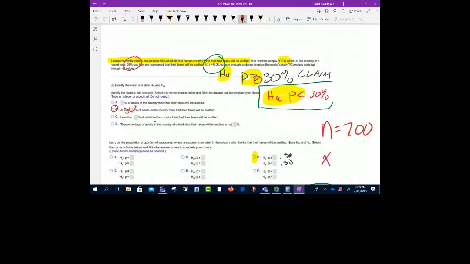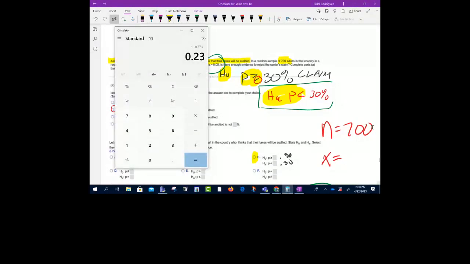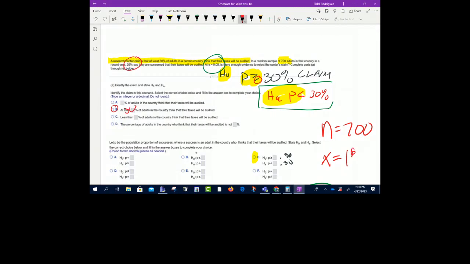Y'all, I want to find my x. What I mean by my x is how many people are saying it. I know it's 26%, but it's 26% of 700. So look, let's do 700 times 0.26. This is telling me that 182 people out of those 700 think that their taxes are going to be audited, okay? So let's do this, y'all.